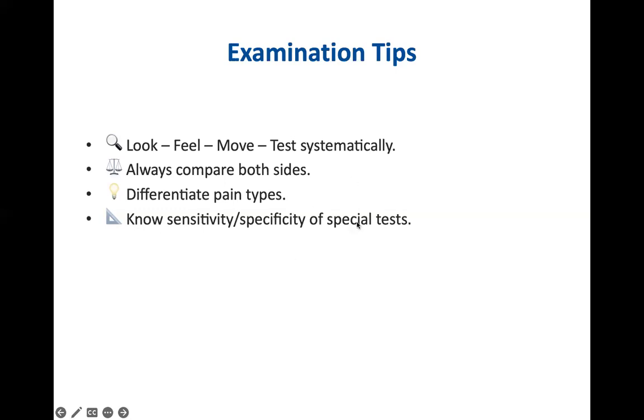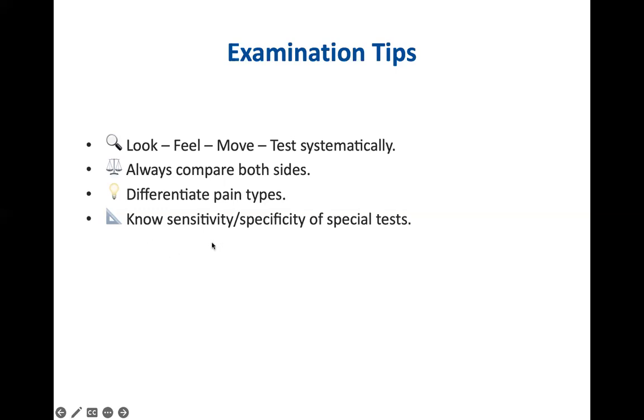Before doing any special tests, we need to know the sensitivity and specificity of the special test. For example, in a patient coming with shoulder pain or hip pain, we know all the special tests, but if we don't know the sensitivity and specificity, we will be lost when examining our patient.